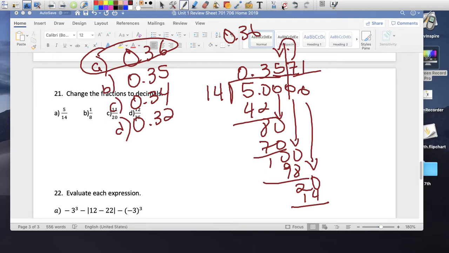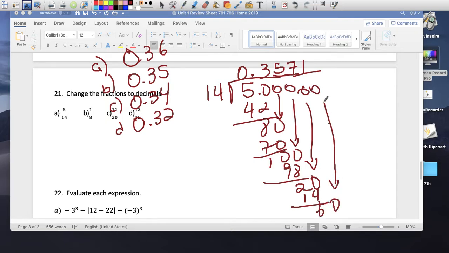But because we don't have a multiple choice, let's just see if I can go a little bit further. So 6 left over. Bring another 0 down. 14 goes into 60, 4 times, which is 56. 4 left over, 40.